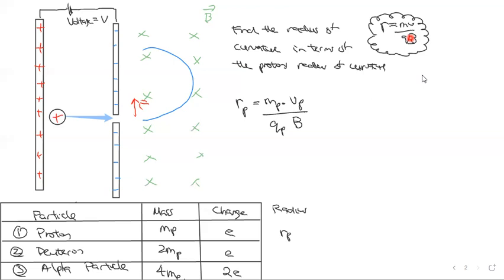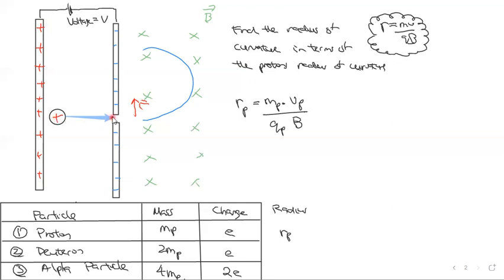But here's where things get a bit more complicated than before, because previously we assumed that all the velocities were the same. We can't really assume that anymore, because in this particular scenario, we didn't say the velocities are the same. We told you that the voltage was the same. Now, what will the voltage do? The voltage, as we said, is going to give an electric field, which will accelerate this.